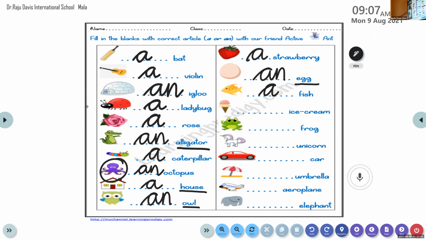Can you unmute it, my dear? Read the next word. Ice cream. Okay, so whether we have to use a or an before the word. An, very good. An.